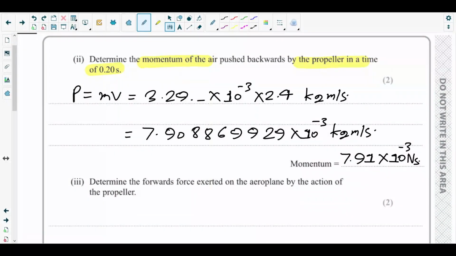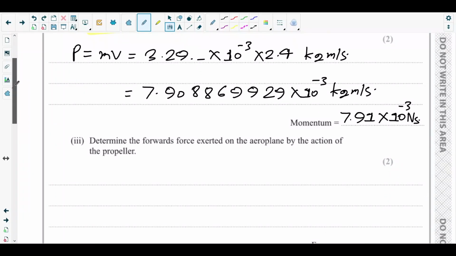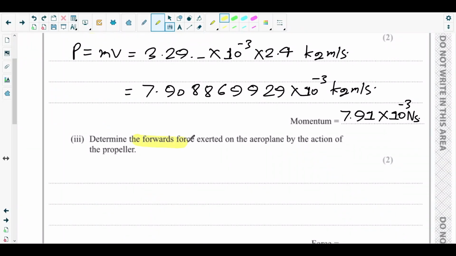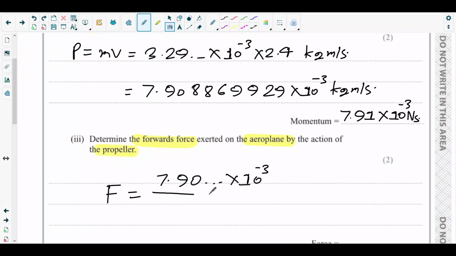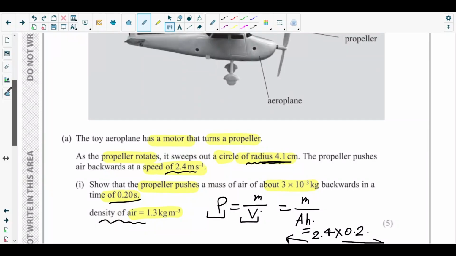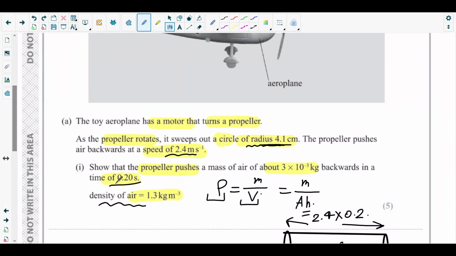Fine. Okay, next is part 3 of A. Determine the forward force exerted on the aeroplane by the action of the propeller. Force is basically the rate of change of momentum. So force equals change in momentum over the time. The change in momentum is 7.90 something times 10 inverse 3, over the time for which the force acts, 0.2 second.